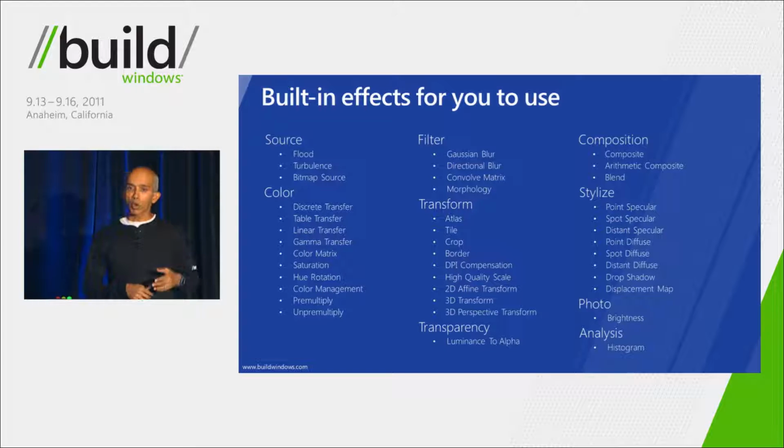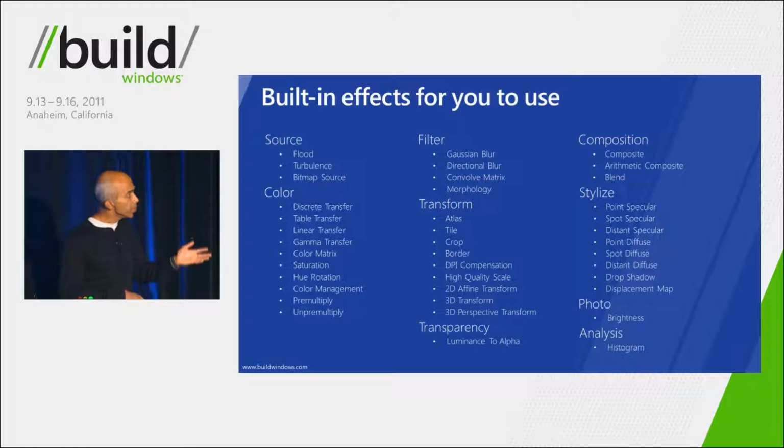The bitmap source effect also has several properties to optimize for really large images. I see in the audience someone who came by earlier and asked me about how to handle large images, and the bitmap source effect is the way to handle that.